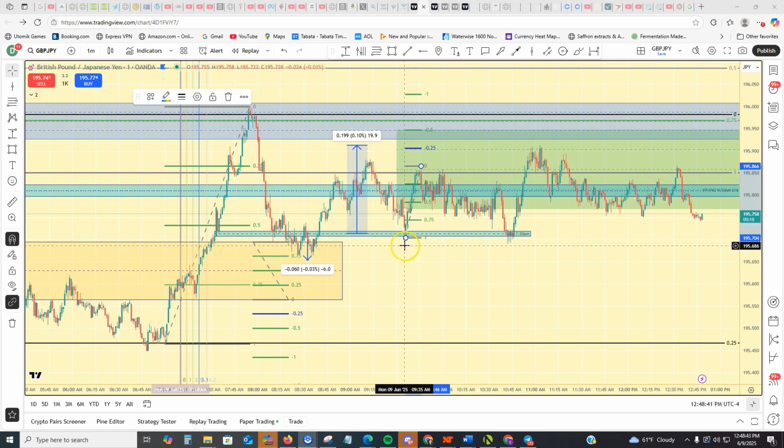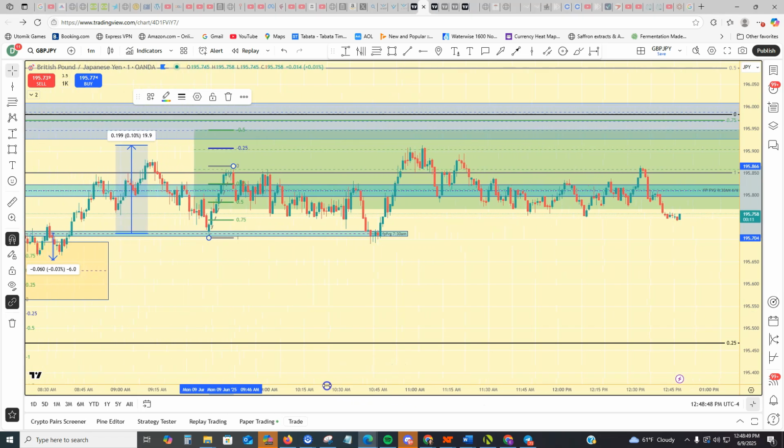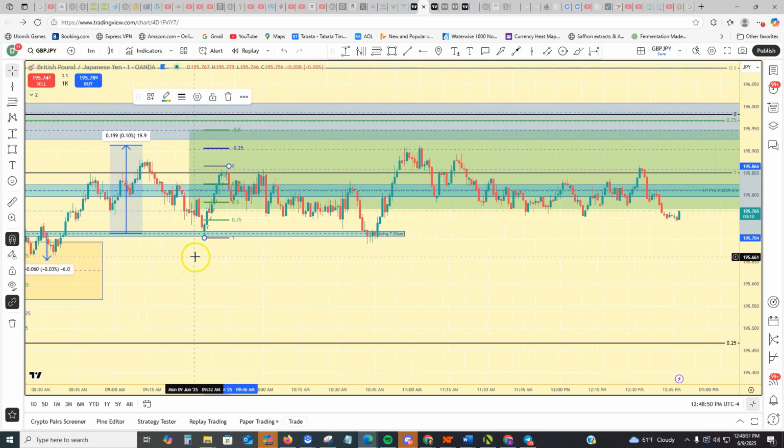Okay, so the lowest point at 9:30 is here, highest is here, and then we draw out the first presentation. This is 9:30, the first presentation value, that was there.